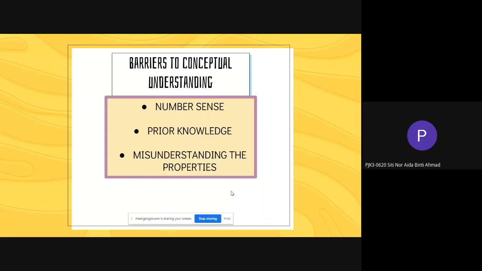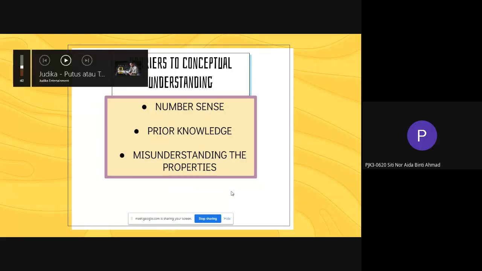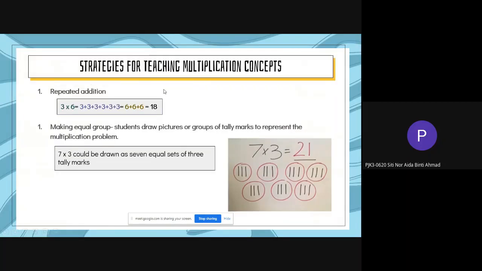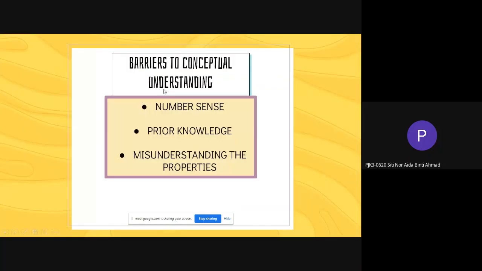So we can avoid misunderstanding the multiplication concept. Okay, next I will pass to Huda.